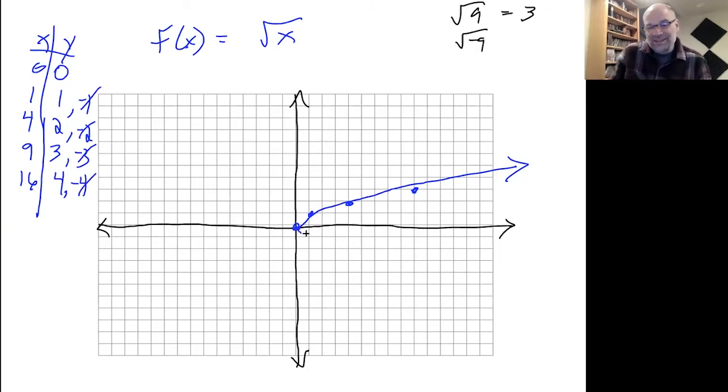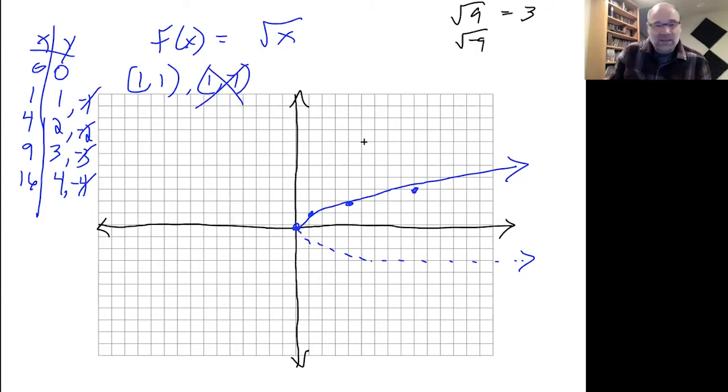So technically this would make it not a function. All right, but we're going to ignore that bottom half. We're just going to go with the positive roots, okay? Because otherwise this can't be a function, right? Because 1 would go to both 1 and -1. And we can't have that. We can't have x values going to multiple y values, okay?